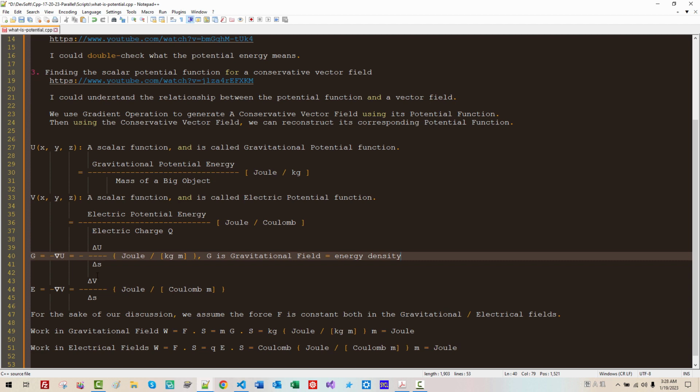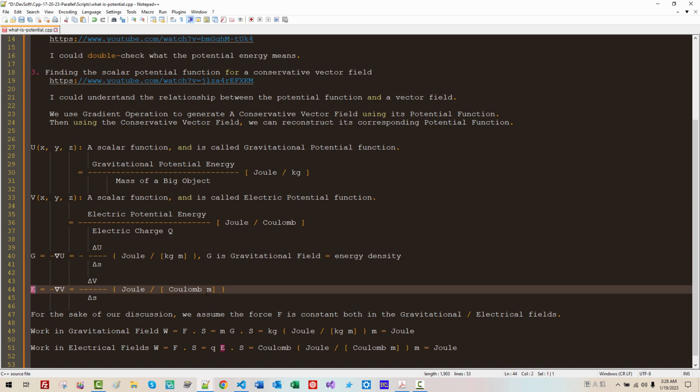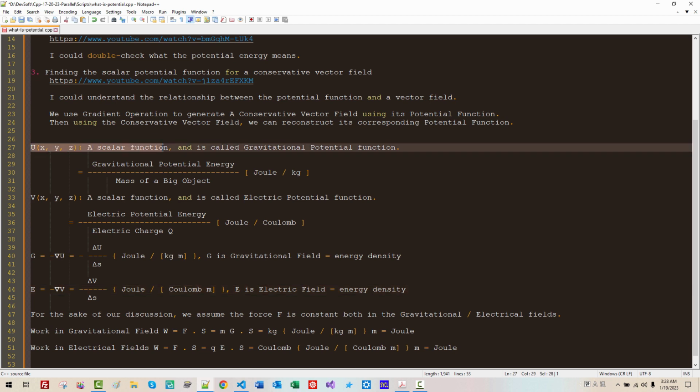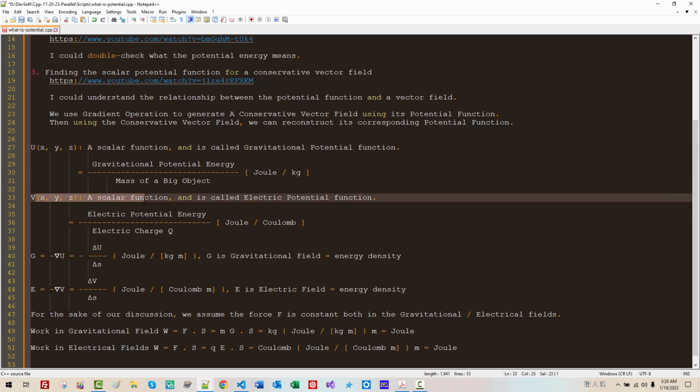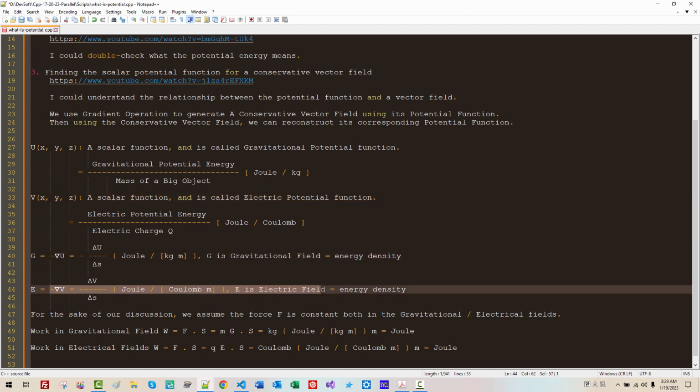In the same manner, using the electric potential function, E is the electric field. It is energy density. We used a scalar function, or potential function, to create or generate the gravitational field or electric field.